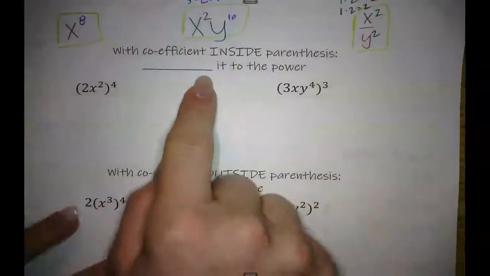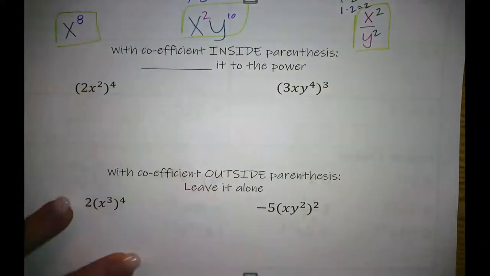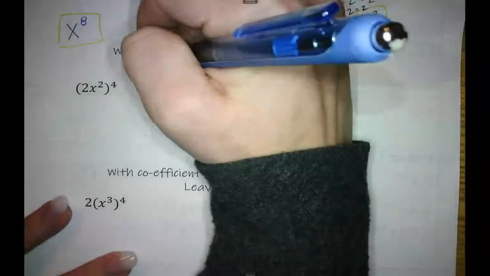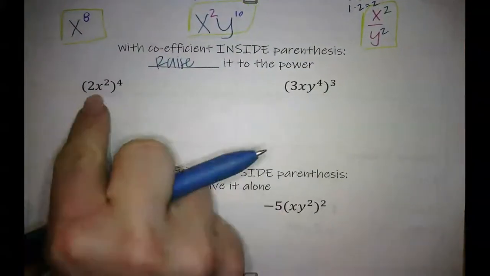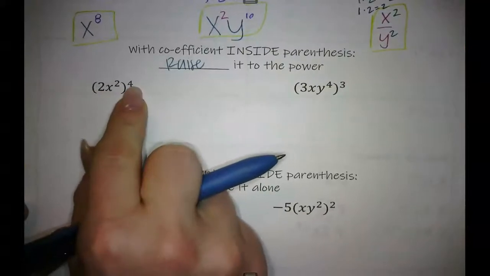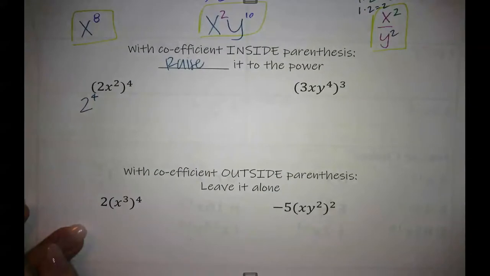All right, what if inside of our parentheses we've got a number, a big number? Then we're going to raise it to that power. So what does that mean? Here we've got 2x squared raised to the 4th. So I'm going to say 2 to the 4th to get my number for my answer.